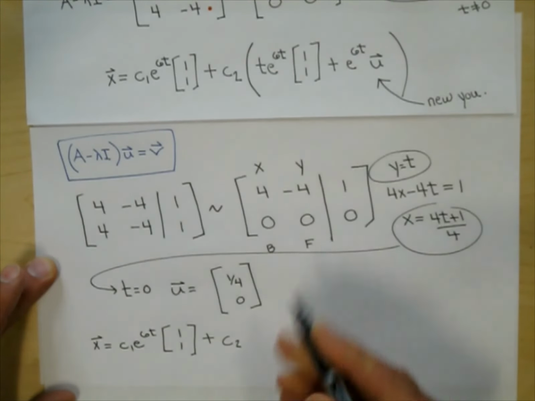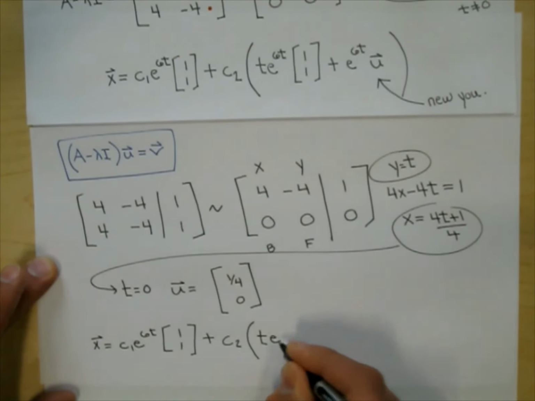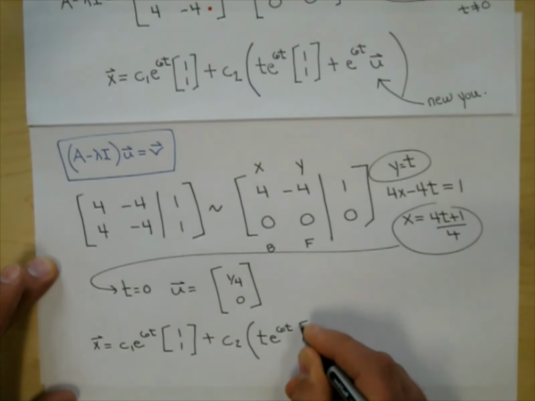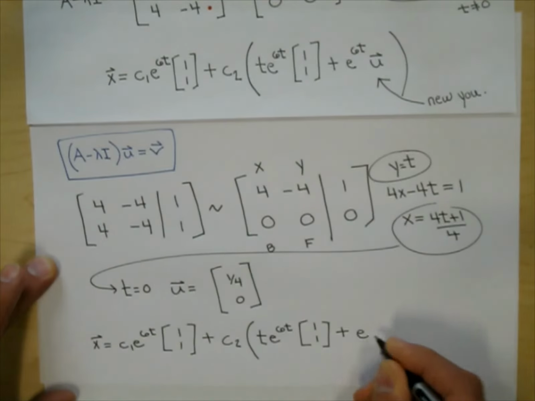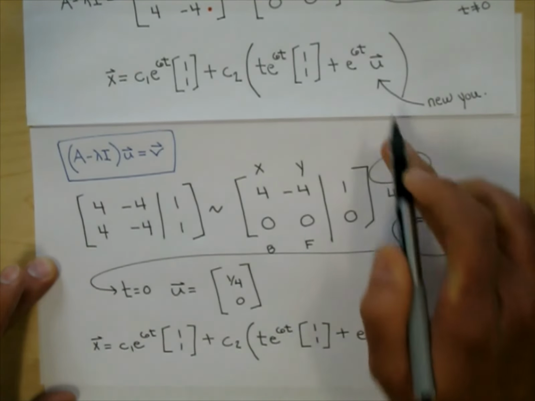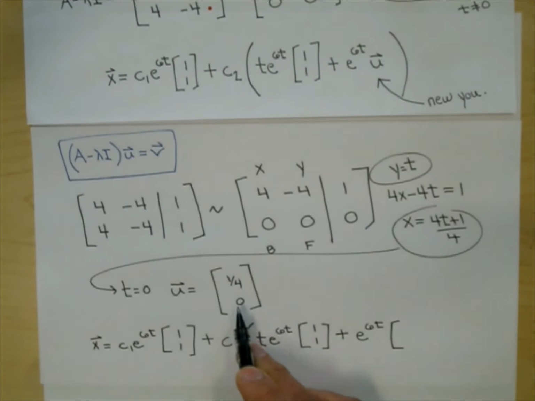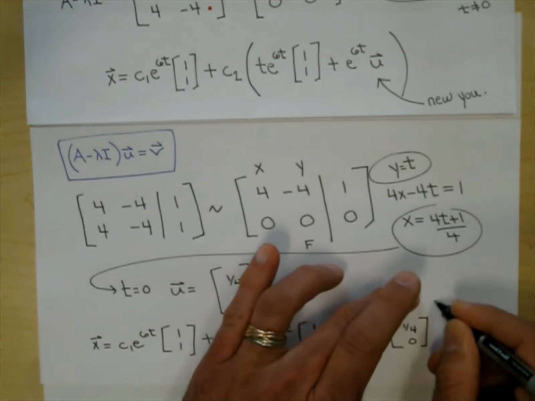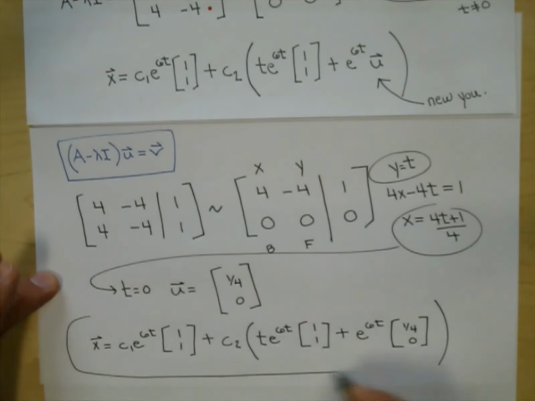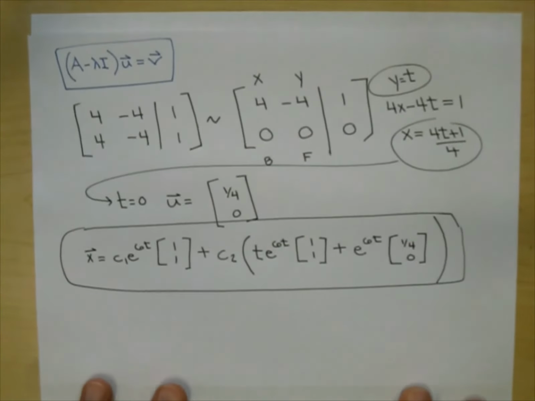All I'm doing is copying this thing right here: t e to the 6t, 1, 1, plus e to the 6t, and then we put the u value. The u value would be this one right here, which is 1/4, 0. And by the way, this right here is the answer. So we're done with the problem, but I'm going to say a few things to finish it up.